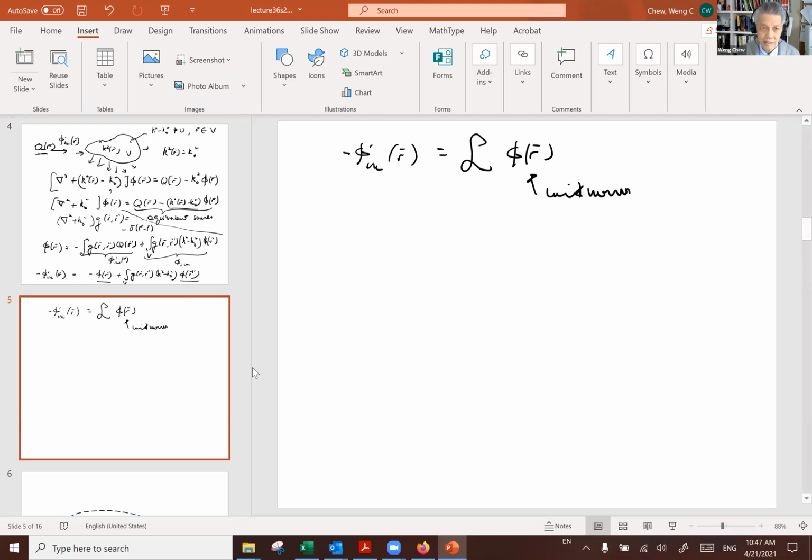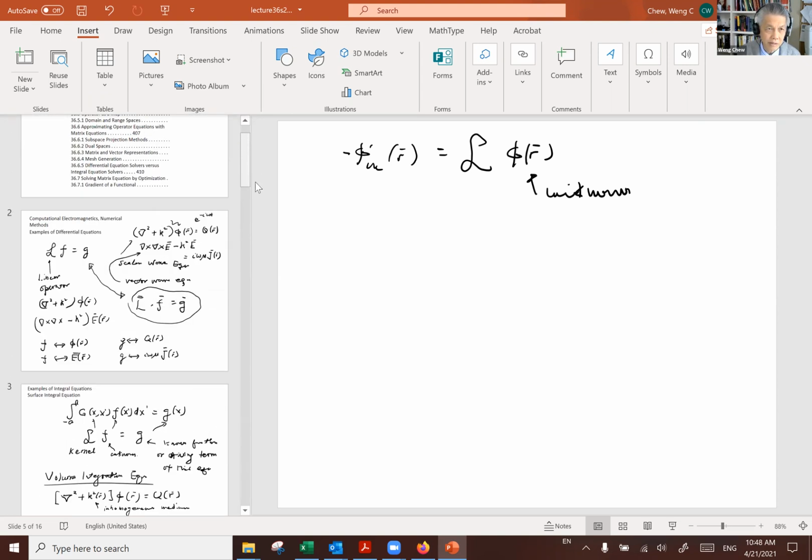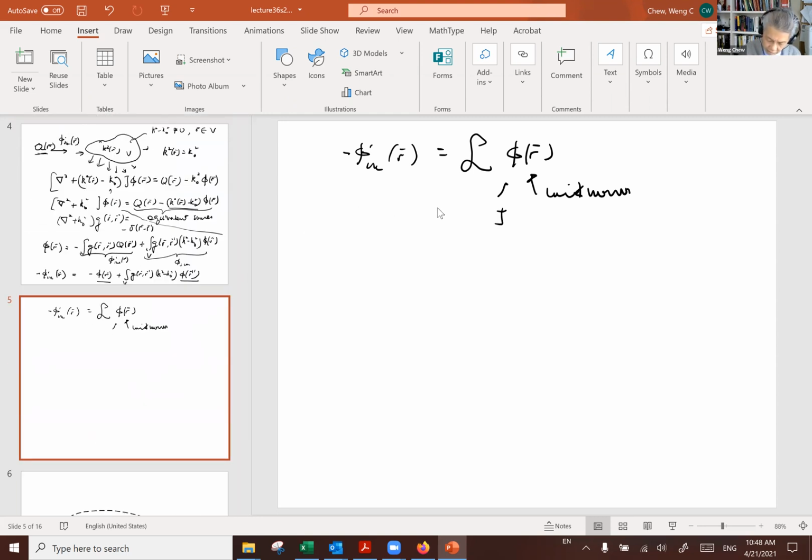So this again is an equation of the same form as I started out with. I have an LF equals G, then this is my F, this is my G, and I have a linear operator equation to solve. And if I figure out a method of converting this linear operator equation into a matrix equation, then I can feed that to the computer, okay?